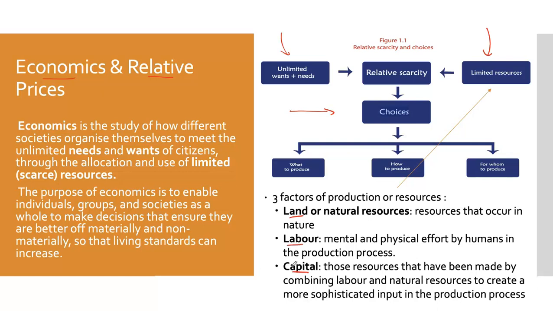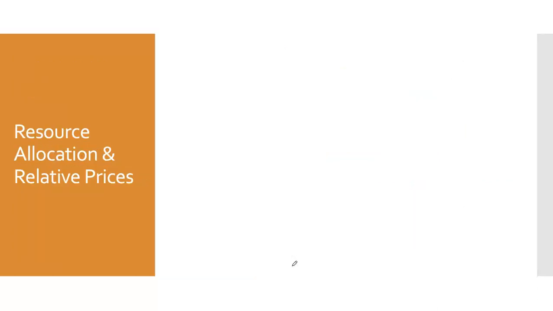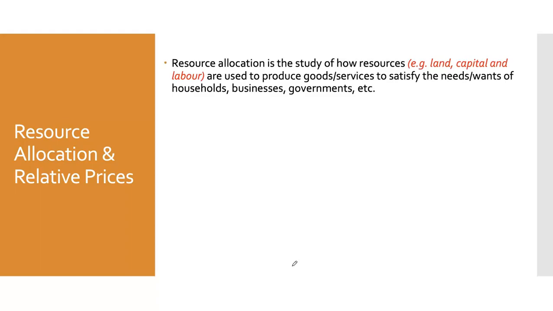And to effectively do this, we need to take into account relative prices. And if we effectively make good decisions, ultimately it's going to improve our living standards, is essentially the hypothesis of this video.